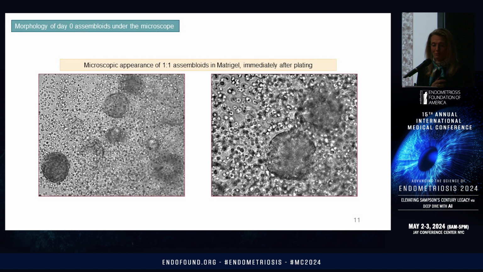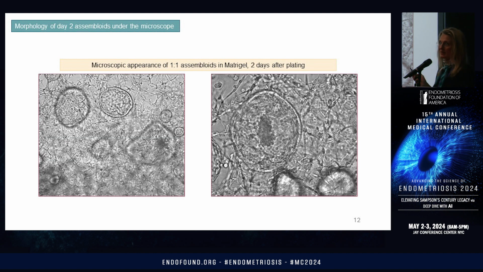And look here, this is a microscopic appearance of a 1-to-1 volume in the Matrigel immediately after plating. So you recognize the glands and you see all around the stroma. Two days after the plating, you see that the glands have grown in culture, they are bigger, and you see here in the middle even secretions in the glands and all around the stroma.